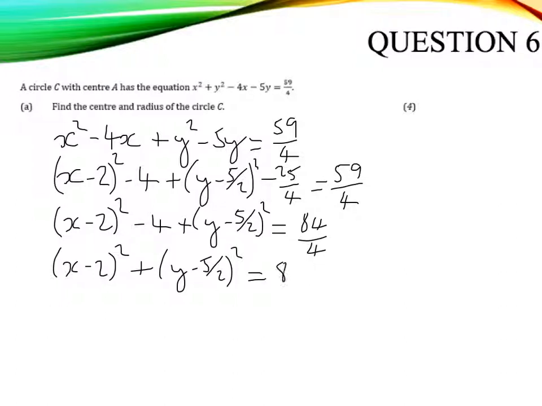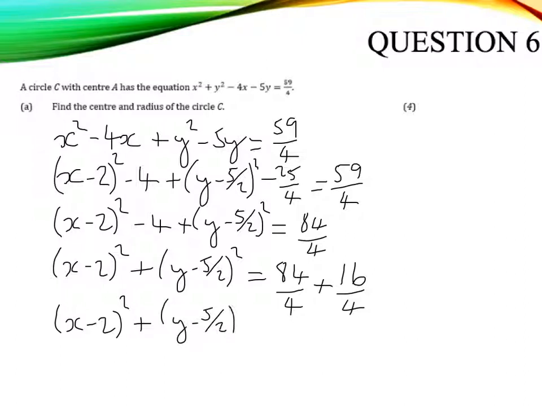Equals 84 over 4, and I'm adding on 4, but I'm adding on 4 in terms of quarters, so 16 quarters is what I'm adding on, which is going to give me a final completed the square form like this, equals 100 over 4, which is 25.